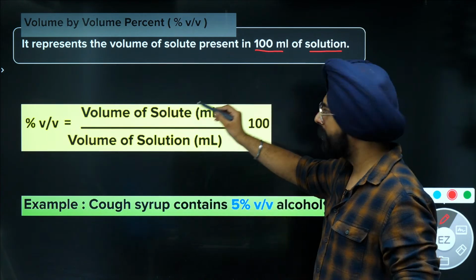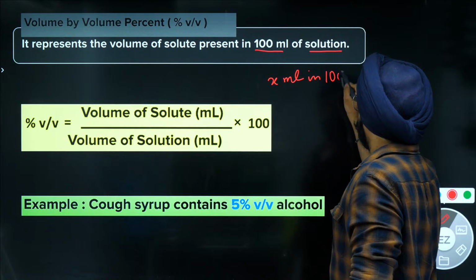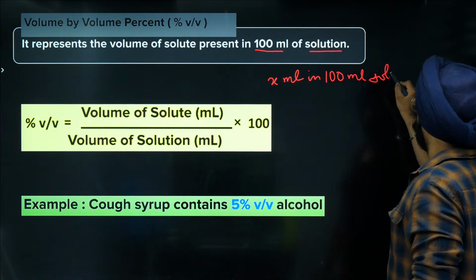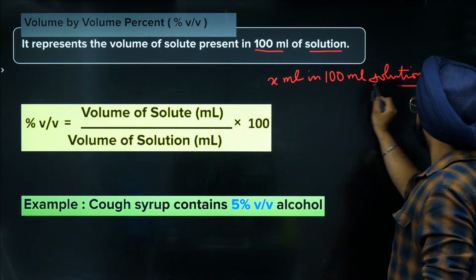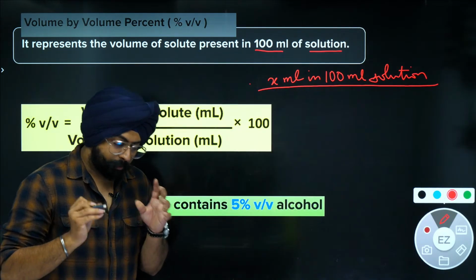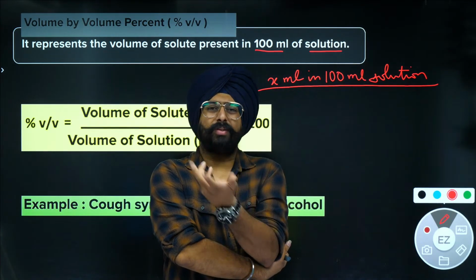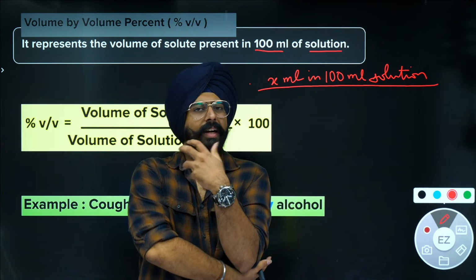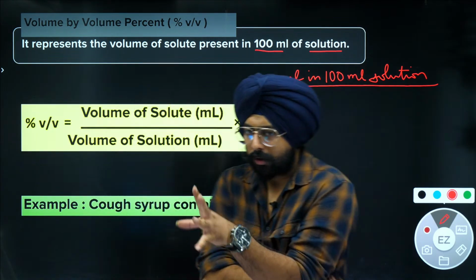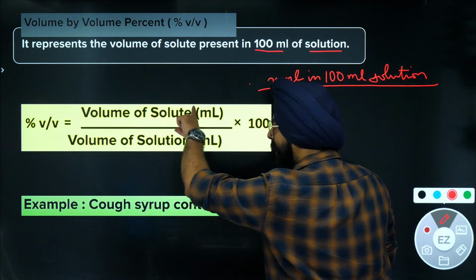So basically this is X milliliter in 100 milliliter of solution. Some of you might be wondering, why do we need so many different ideas? As I said, I will tell you, don't worry. No need to remember this definition. Let's understand it from here.